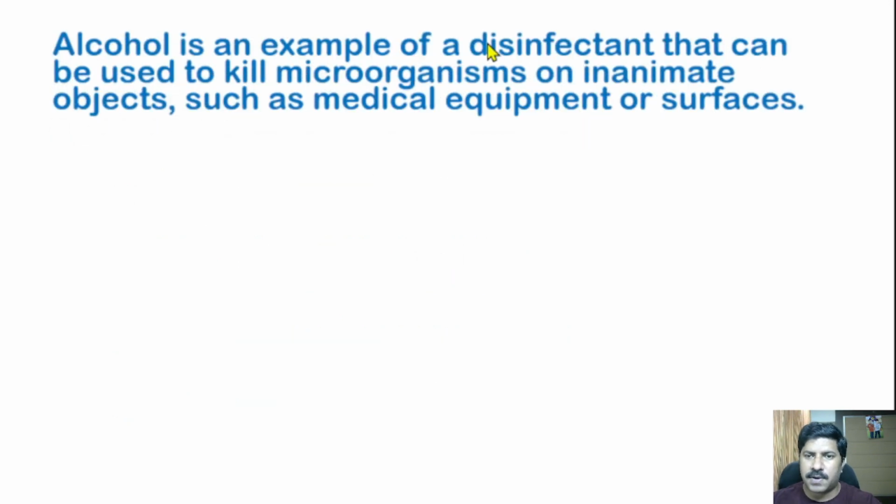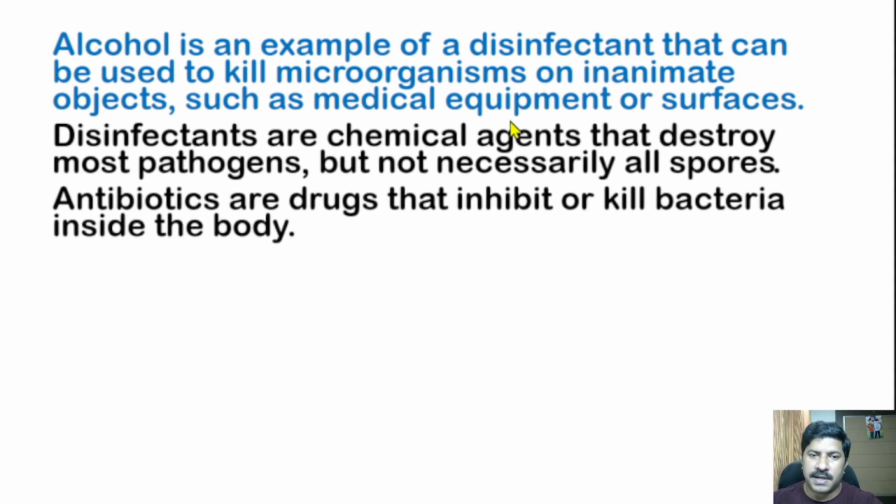Alcohol is an example of a disinfectant that can be used to kill microorganisms on inanimate objects such as medical equipment or surfaces. Disinfectants are chemical agents that destroy most pathogens except their spores. Antibiotics are drugs that inhibit or kill bacteria inside the body.